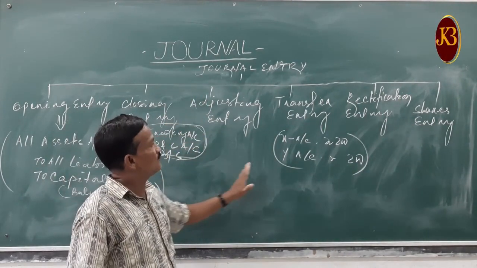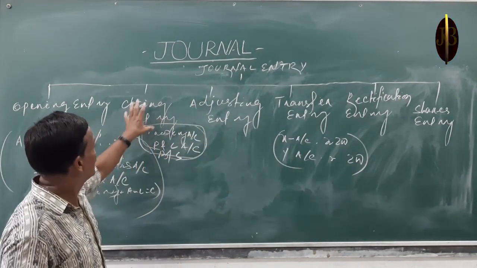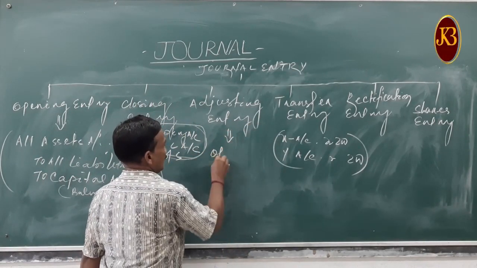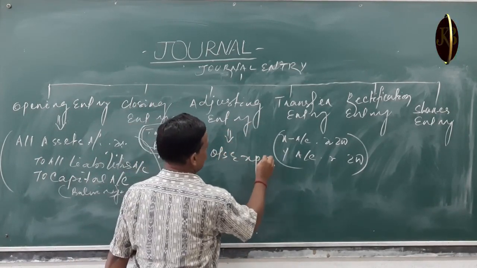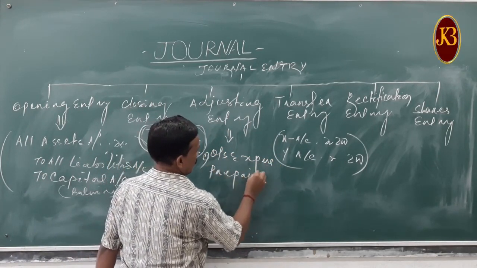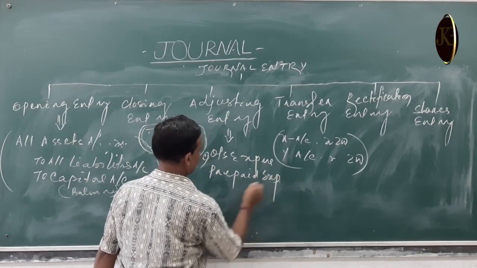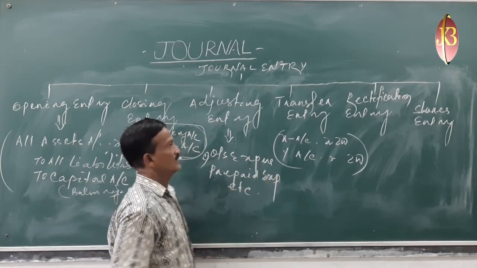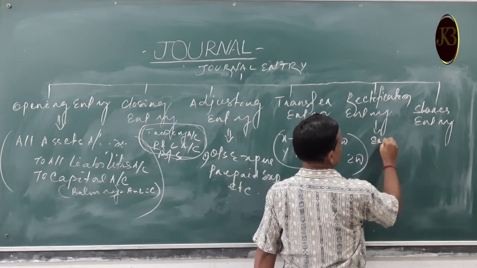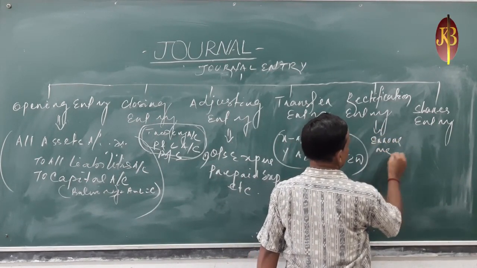While we are going for the recording of transactions, these types of journal entries should be understood. This is for the recording of transactions. Any errors are rectified.